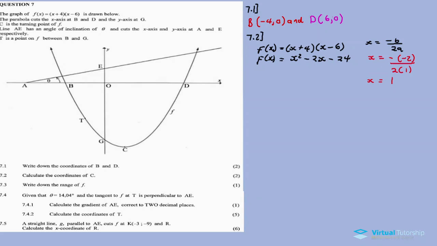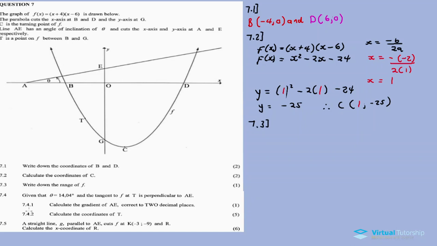Then we substitute back into the original equation, and y is equal to minus 25. So therefore my turning point is (1; minus 25). Free marks, guys.